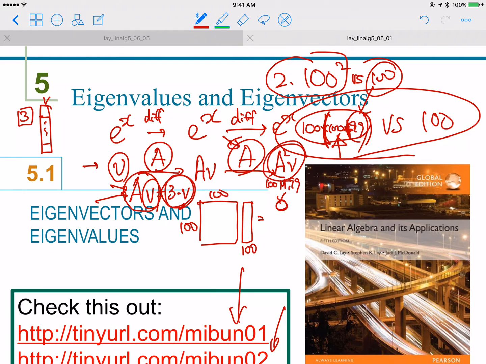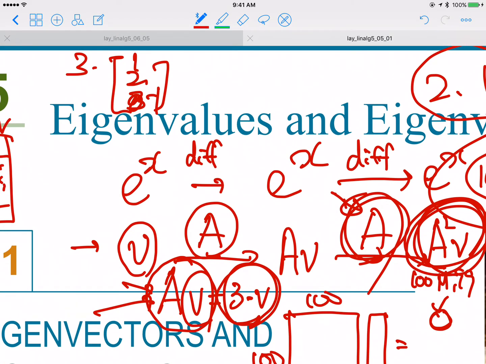And then let's suppose we multiply A again for the second time. In that case, that vector was 1, 2, maybe minus 1. And then we multiply by 3 here, so it will be 3, 6, minus 3. And then we multiply A here again, and it will be changed by just multiplying this scalar.